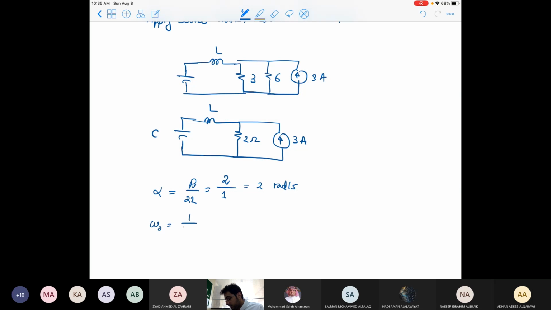Omega naught is 1 over the square root of L multiplied by C. L is 1/2, C is 1/8. So you will have 1 over the square root of 16, and this is going to give you 4 radians per second. So since alpha is less than omega naught, the response is underdamped.